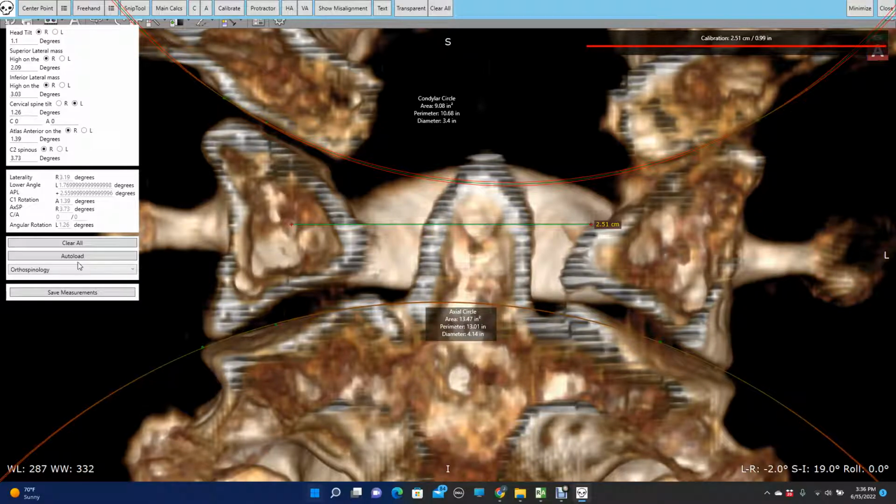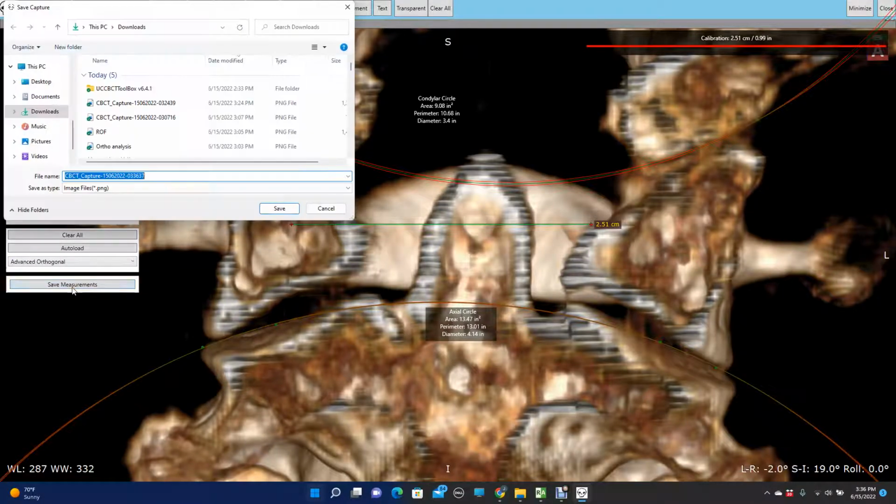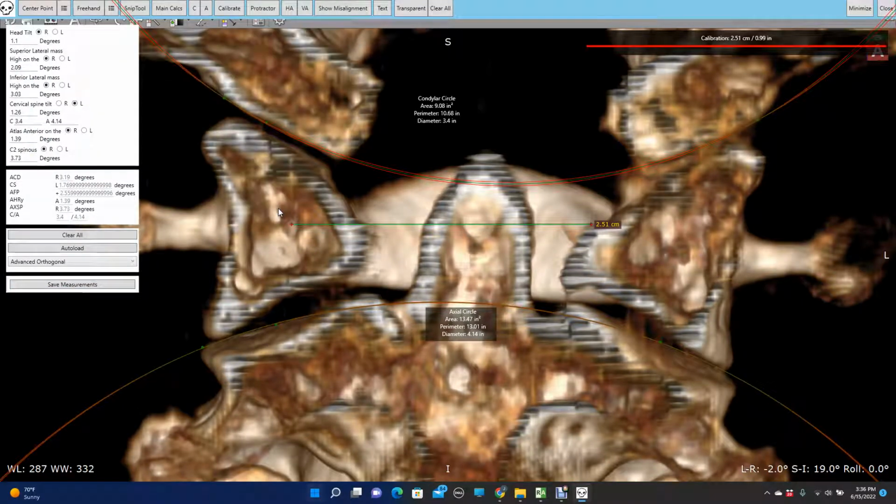And if I hit the auto load button, they just pop in beautifully right there for us. You should now have all the measurements you need to do your assessment, and you can change the language if it is necessary. I would definitely click Save Measurements at this point. And that is pretty much it.